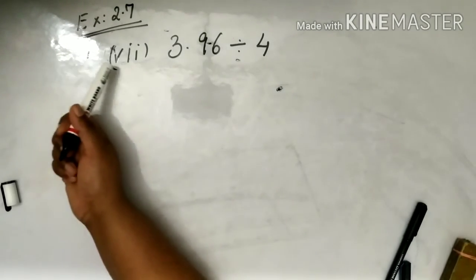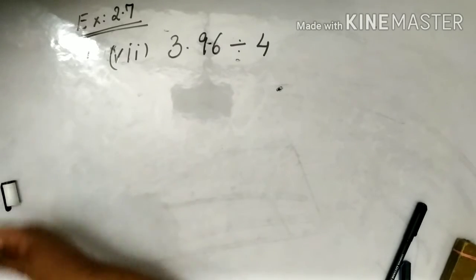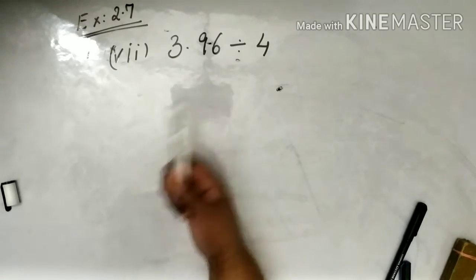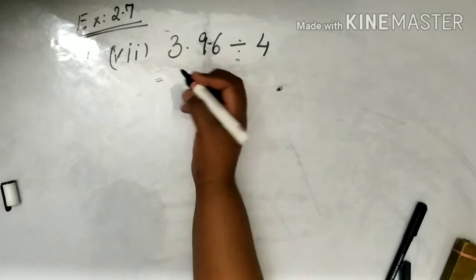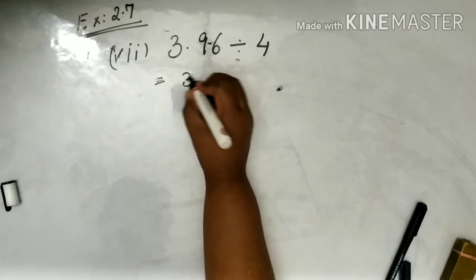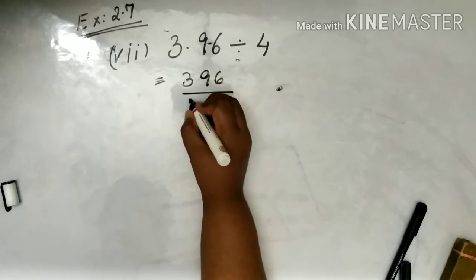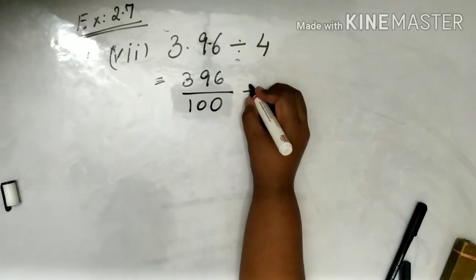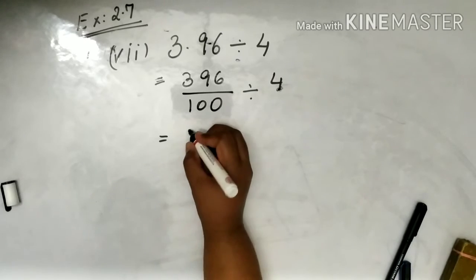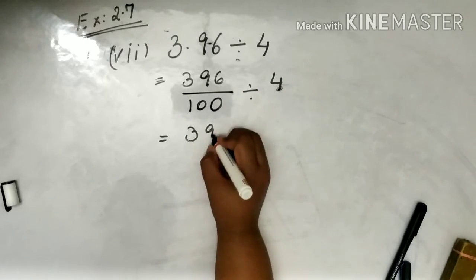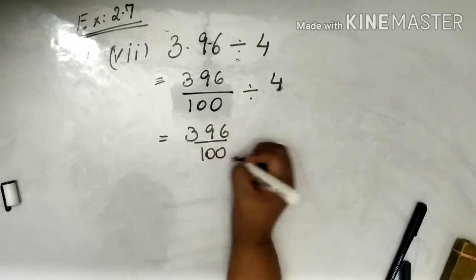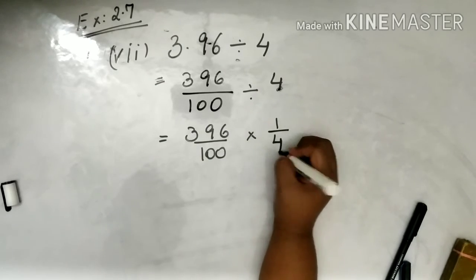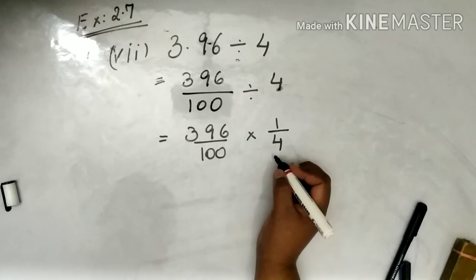Now let's take the 7th question of the first part, that is 3.96 divided by 4. Let's do it. That is 396 divided by 100, because there are 2 places after the decimal. We'll write this as 396 divided by 100 into 1 by 4. Do these 2 cancel?